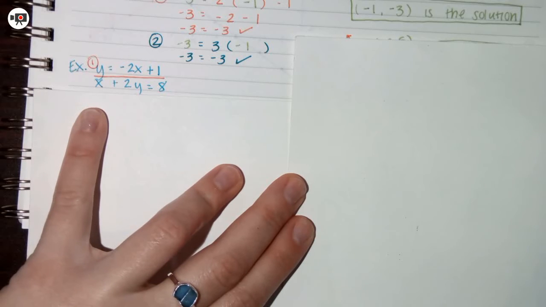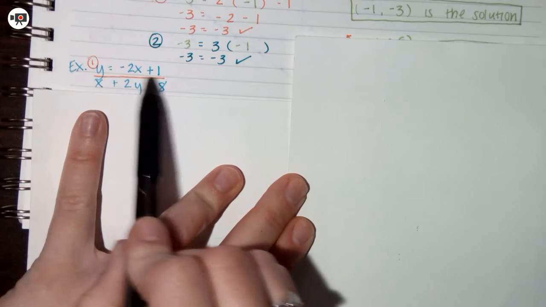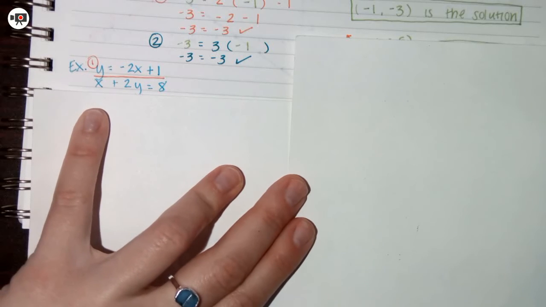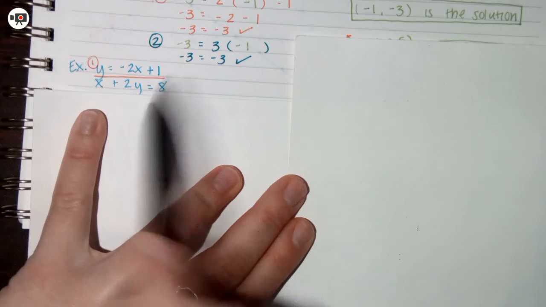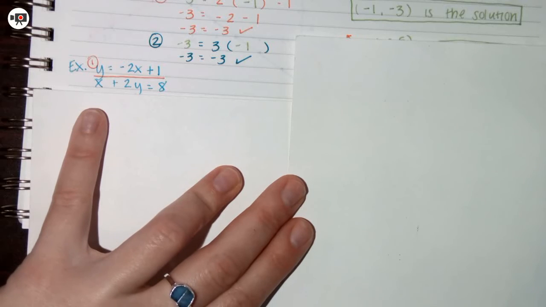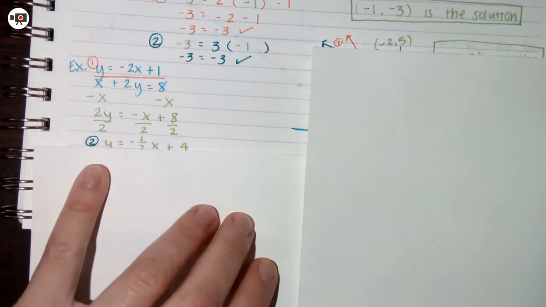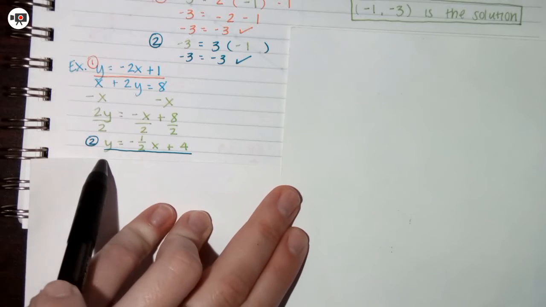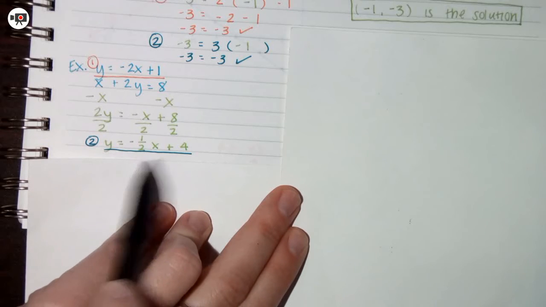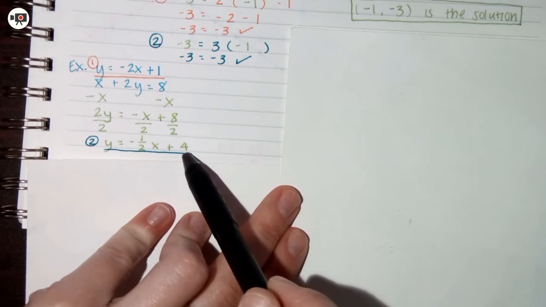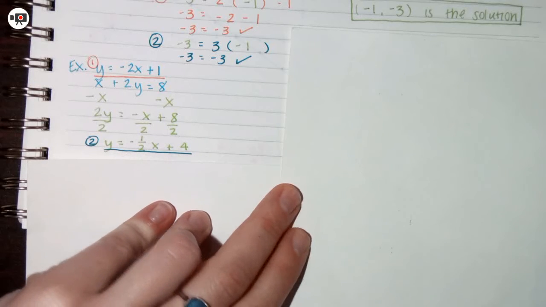So we're going to change it around and make sure that they are both in slope-intercept form, because that's the easiest way to graph from it. I could graph from standard form, but that's choosing x's and y's and making a table of points. So when I solve for y and get it in slope-intercept form, my equation is now y equals -1/2 x plus 4. And I know this 4 is my y-intercept, and I have a slope of -1/2.